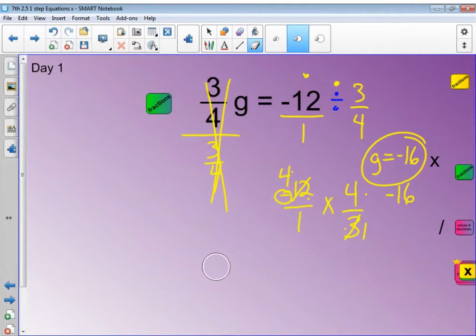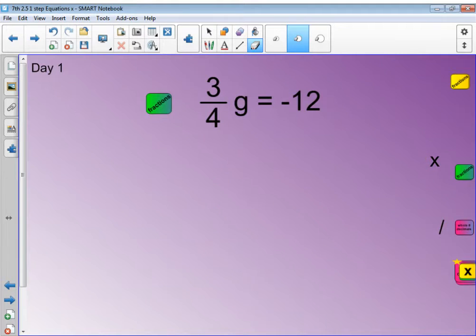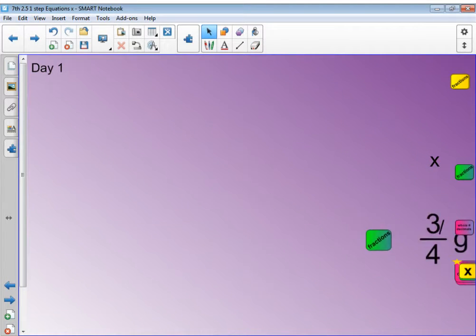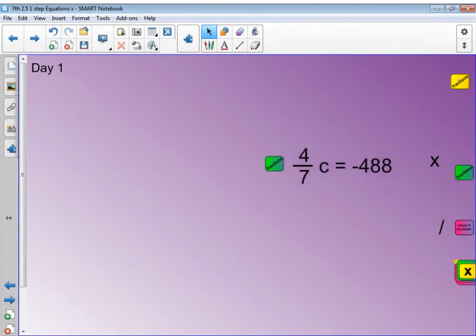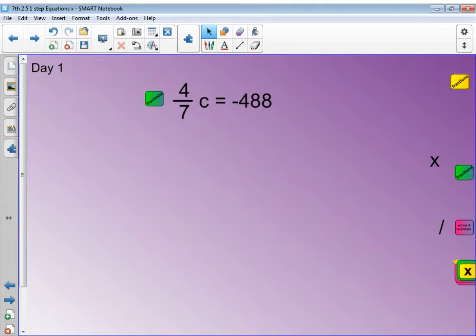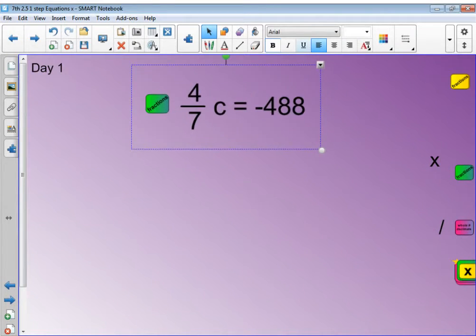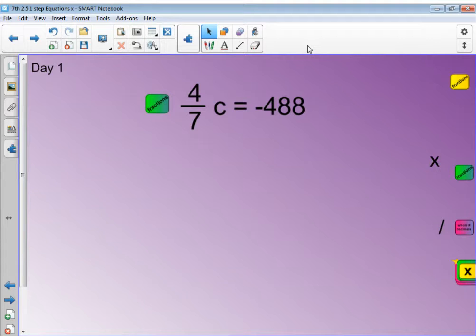All right, let's have you guys try one. Now, on this one, if you'd like to use a calculator to help you with cross-canceling or in the reduction, you may do so. So I'd like you to go ahead, pause your video, work your way through this problem, and then check back in just a second to see what your final answer is.